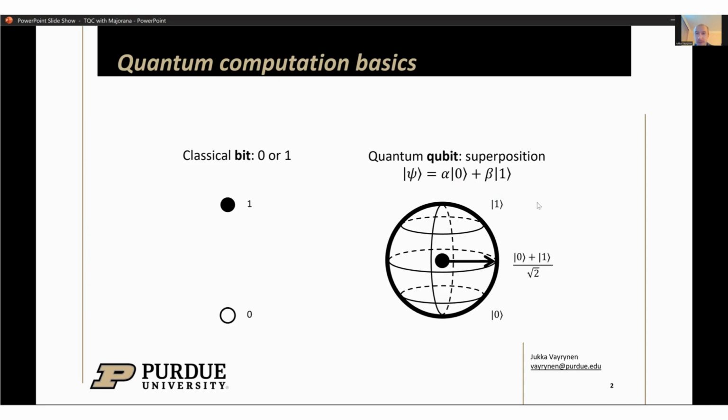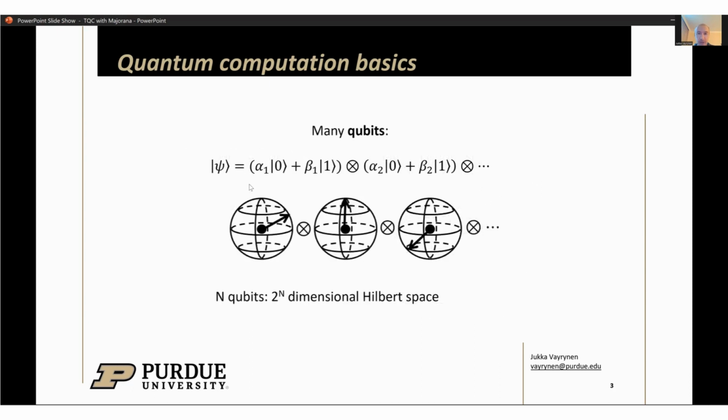Yes, and once we have many qubits together, the power of quantum mechanics is that the size of the Hilbert space grows exponentially with the number of qubits. We are taking a tensor product of multiple single-qubit Hilbert spaces.